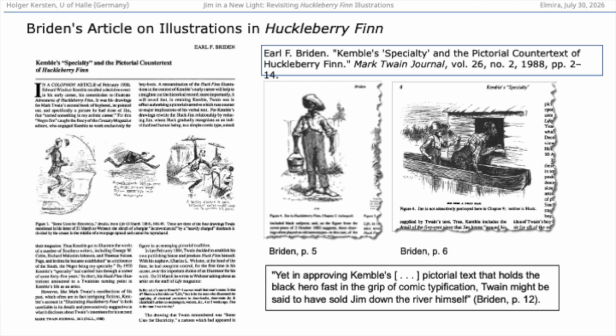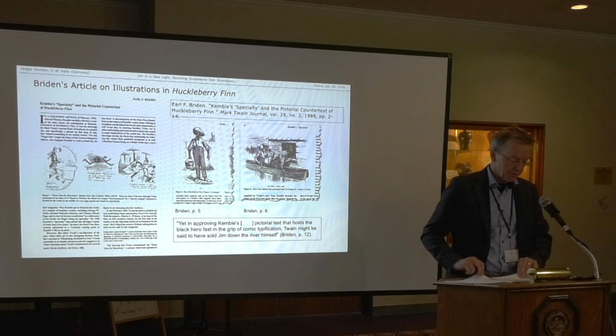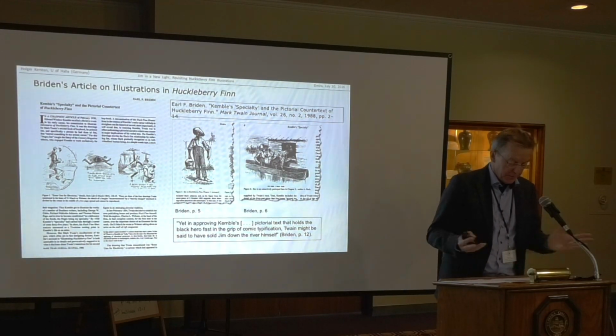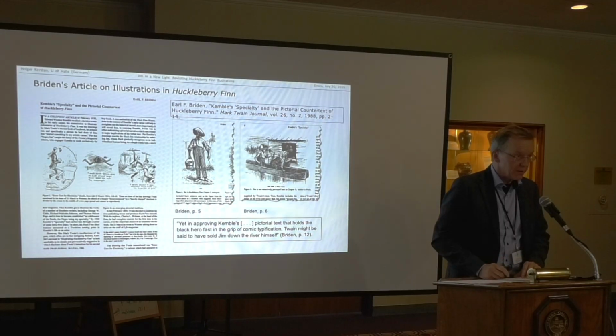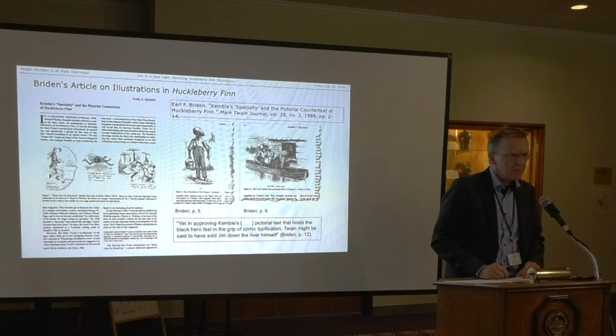Its influence is reflected in its frequent reprinting in widely distributed textbooks such as the Norton Critical Edition and the Bedford Books Critical Controversies Edition of the novel, which disseminated Briden's argument to a broad audience of students and scholars.